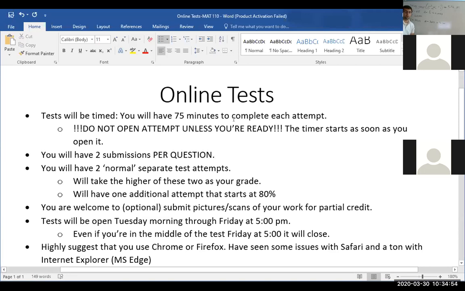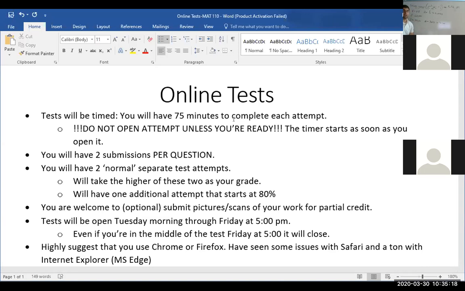that you can open up the test, take it, and the way I calculate your grade is I look at these two, and I find the higher of the two attempts, and I take that as your test grade for that assignment.